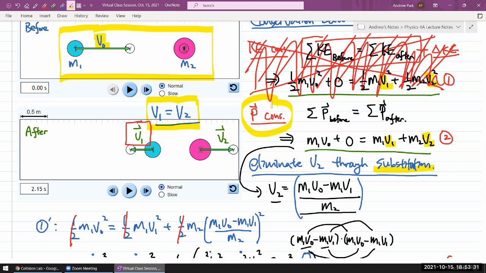So you are still under the constraint that the momentum must be conserved. That's why it's not possible for this to be equal to zero. Because if the final velocities are zero, especially in a situation where you have some initial momentum, then your momentum won't be conserved. That's why these final velocities cannot be zero.